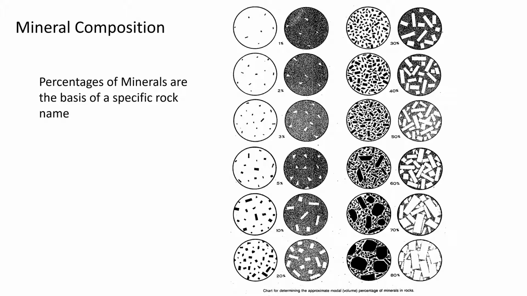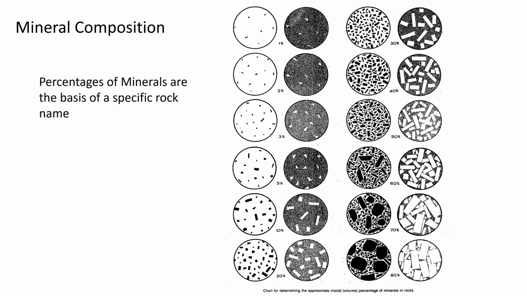In order to formally name a rock, we need to identify the percentage of minerals that are present in each rock type. This is a very helpful diagram to get used to what 1% of a rock looks like, or what area does 50% look like, and so on.